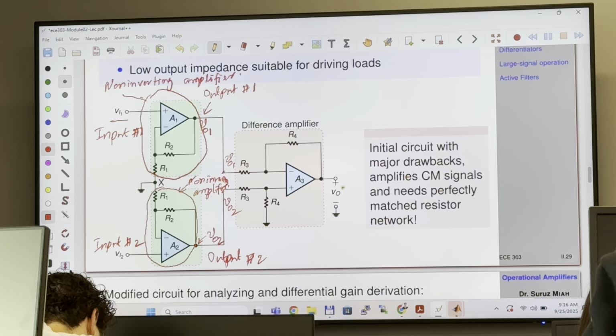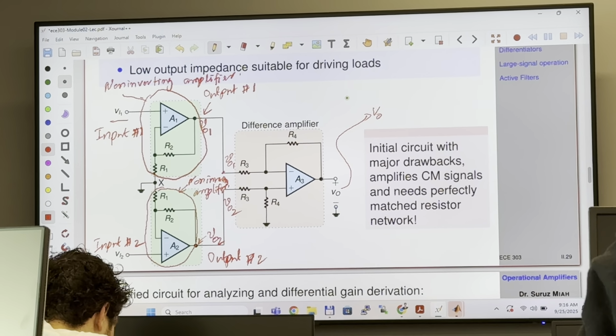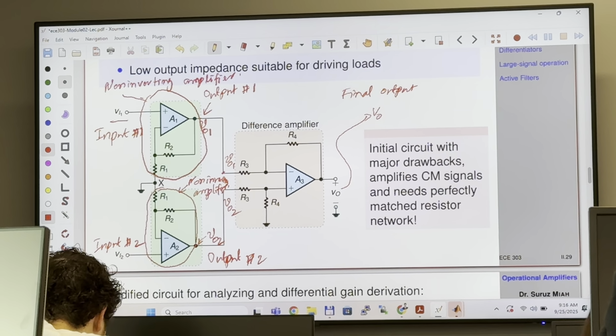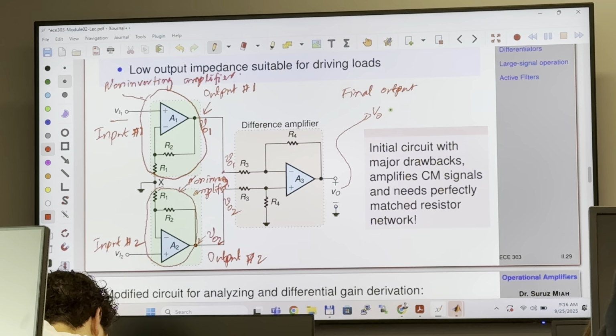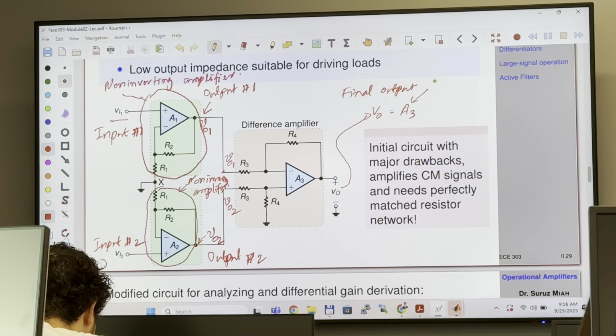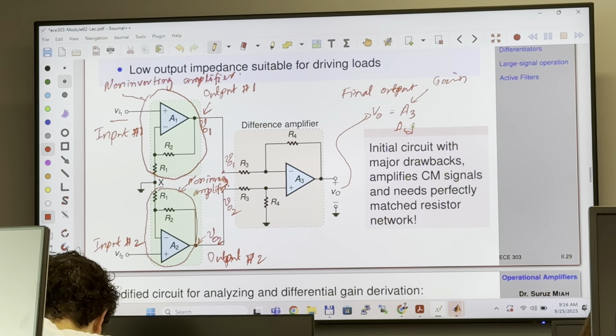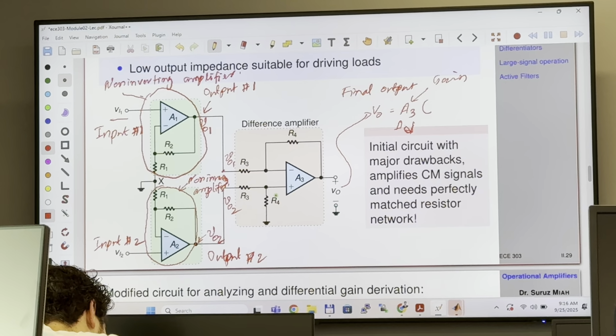The final output is going to be some gain A3, the difference amplifier gain, or you can say AD, multiplied by the difference of these two inputs, which is V out 2 minus V out 1.